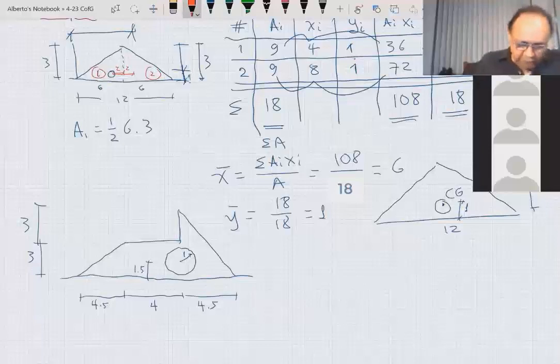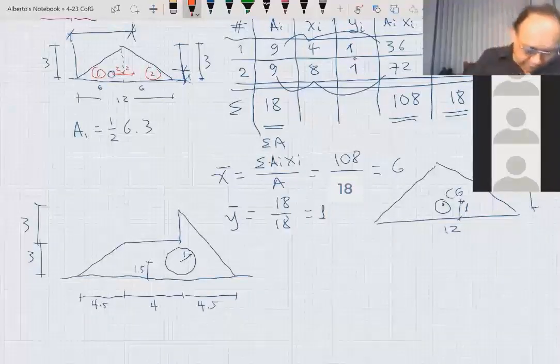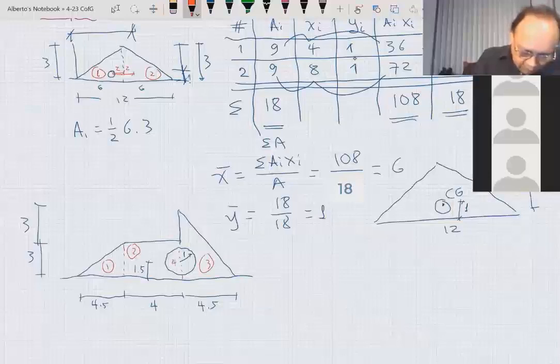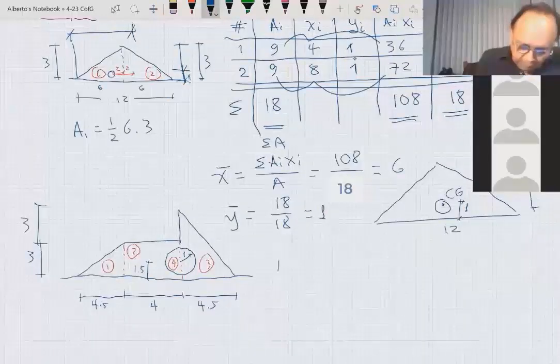We break this into figures where you do know the center of gravity. That will be this triangle, let's call this one 1. This rectangle, let's call it 2. This other triangle 3, and the hole 4. So we do the table.